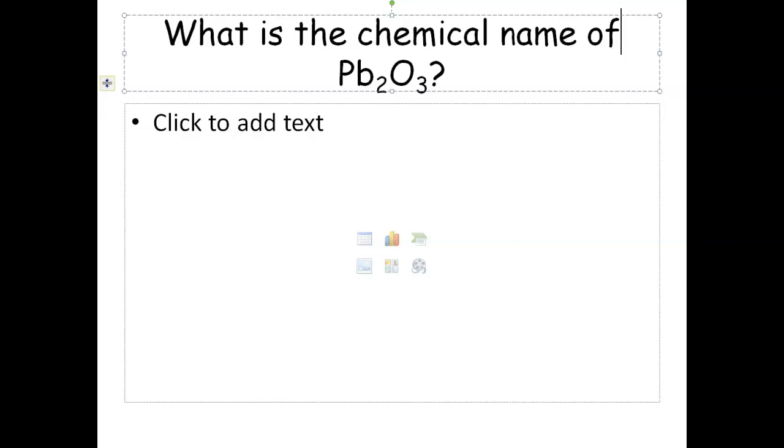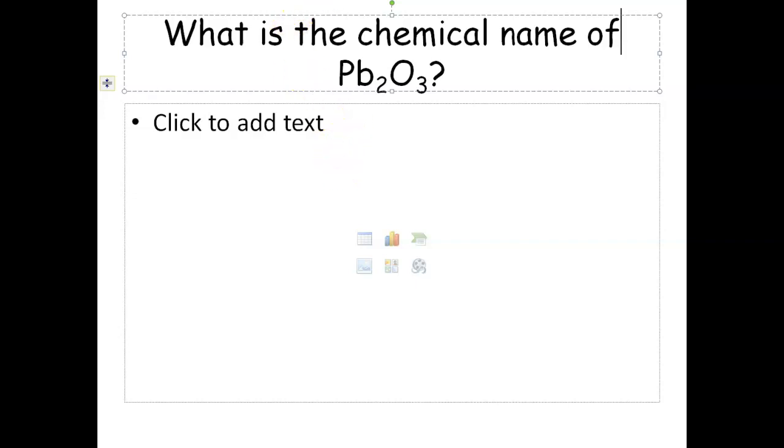And when I look at Pb, it's number 82 on the periodic table, I see that it's in that transition metal region, which means that I cannot predict what the valence electrons are based on the periodic table. Instead, I need to recognize that it was 2 leads that were necessary to give the 3 oxygens all of the electrons that they needed.